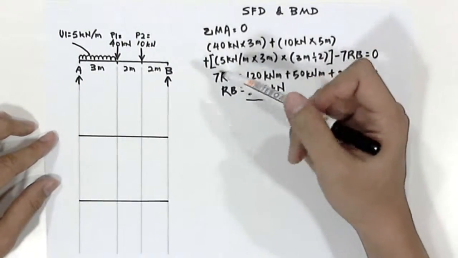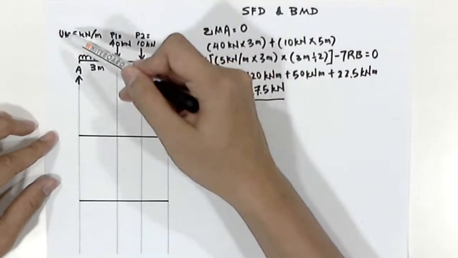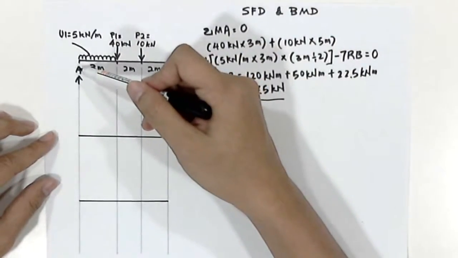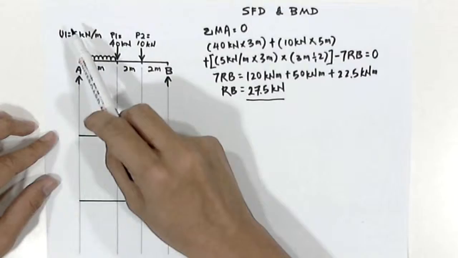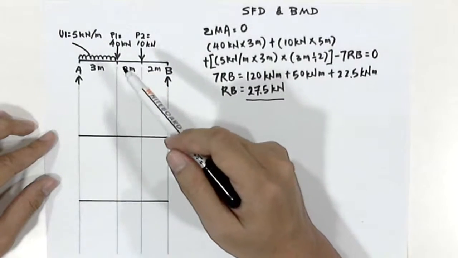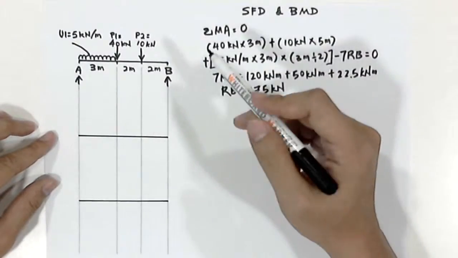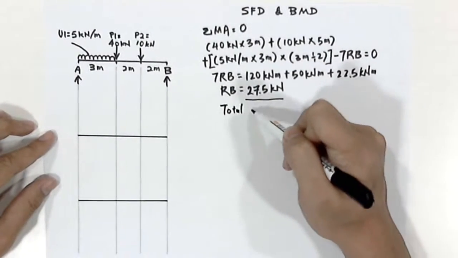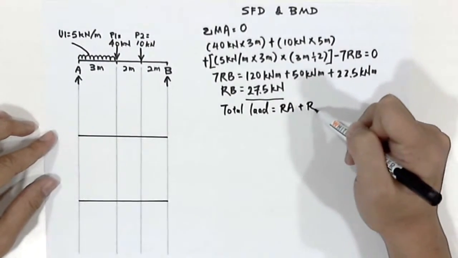Based on the equilibrium theory, we know that whatever load is acting on the beam will be counter-reacted by the reaction forces from supports A and B. Therefore, the total imposed load on this particular beam equals reaction force A plus reaction force B. Therefore we know that total load equals RA plus RB.